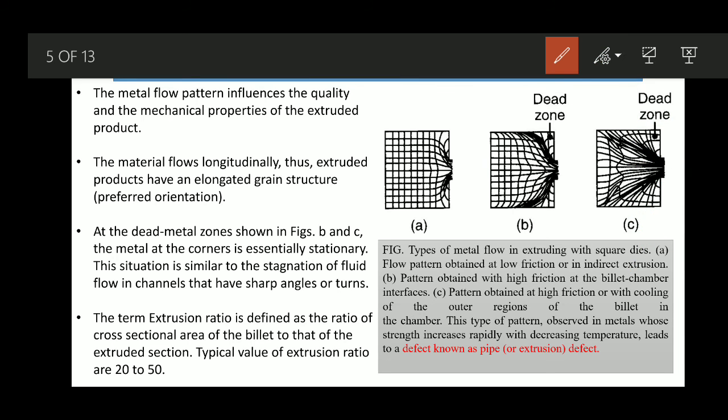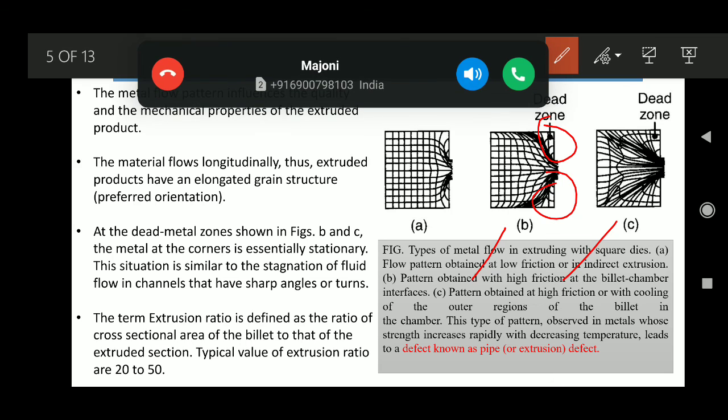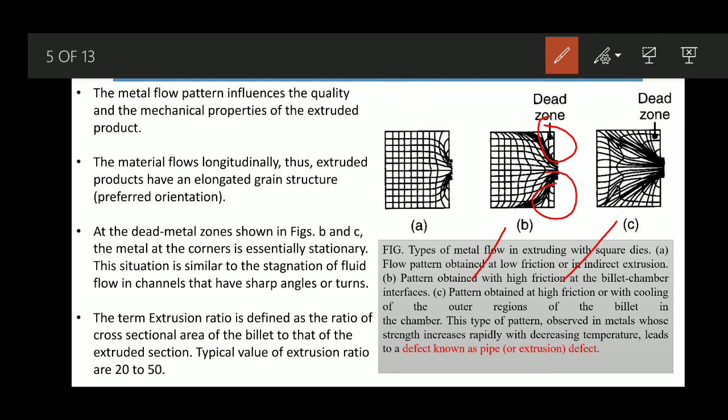Now in the second figure, figures B and C, the metal at these corners is remaining stationary. This situation is somewhat similar to the stagnation of fluid flow in channels which have sharp angles or turns.